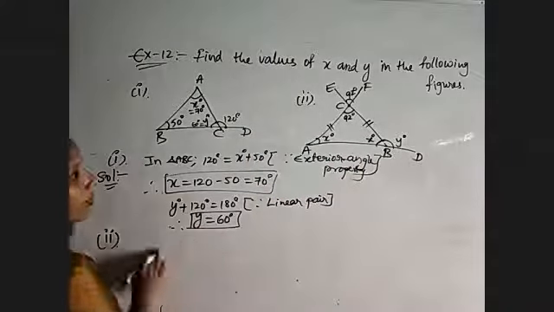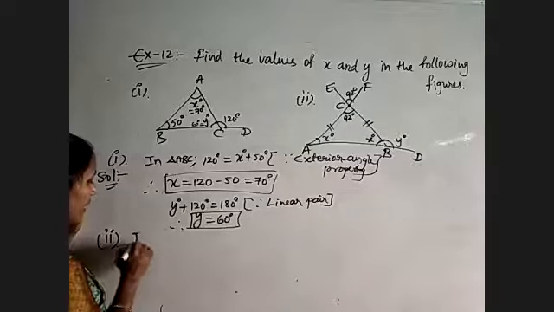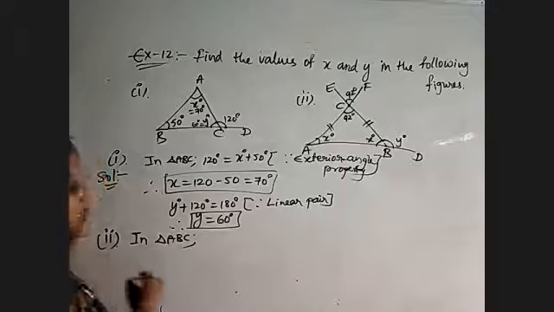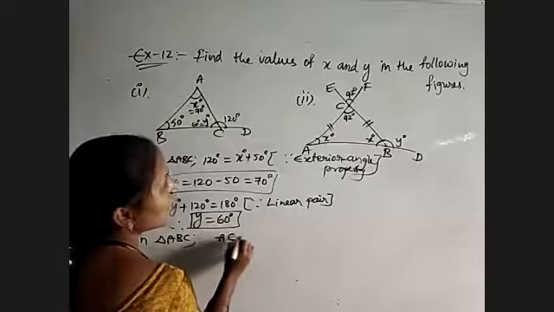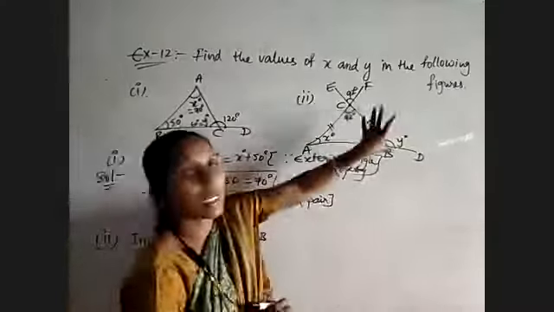So in triangle ABC, given that AC is equal to AB. AC, AB are equal sides.